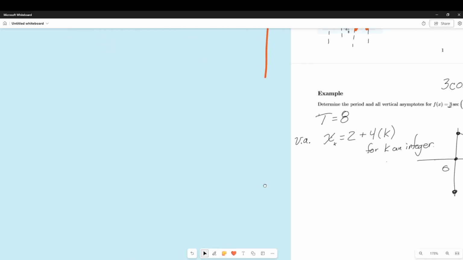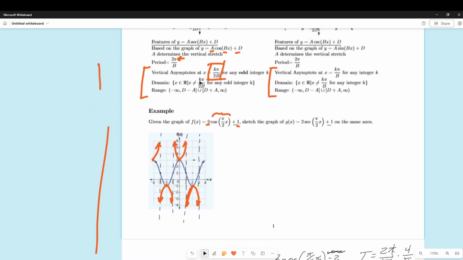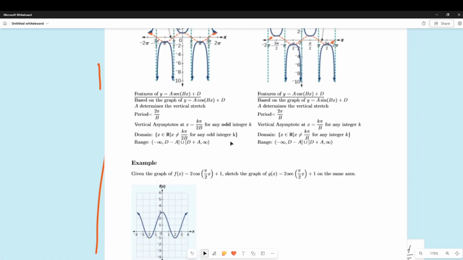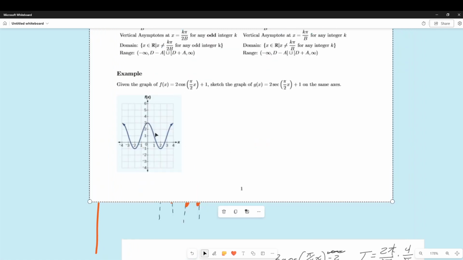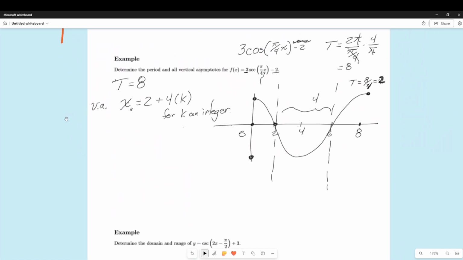And that is really the same thing that's going on up here. It's the same kind of k, and this is odd integers because it's doing the half quarter, and it's one relationship for cosine, one relationship for sine, because sine, where the midline is and starts, is different than cosine. So you could keep all those complications in your head, or draw the graph of the cosine, draw the graph of the sine, and look at where those middle lines happen.